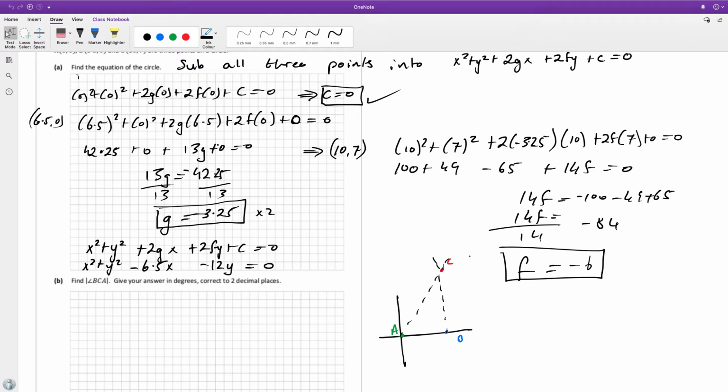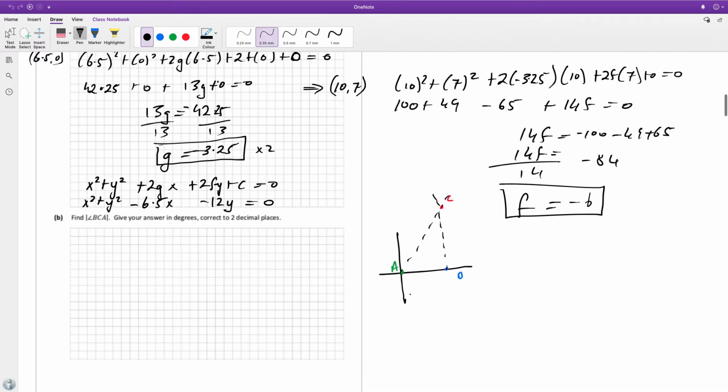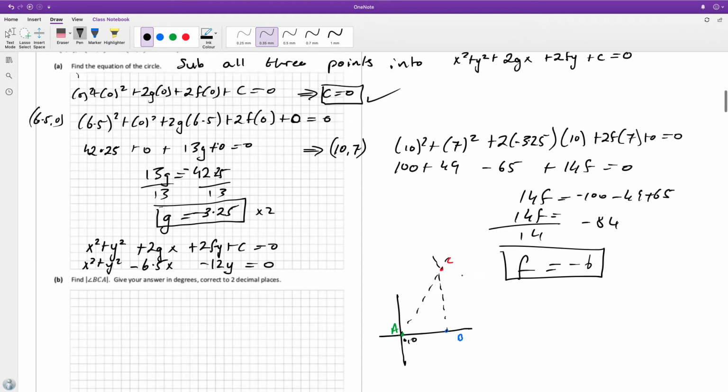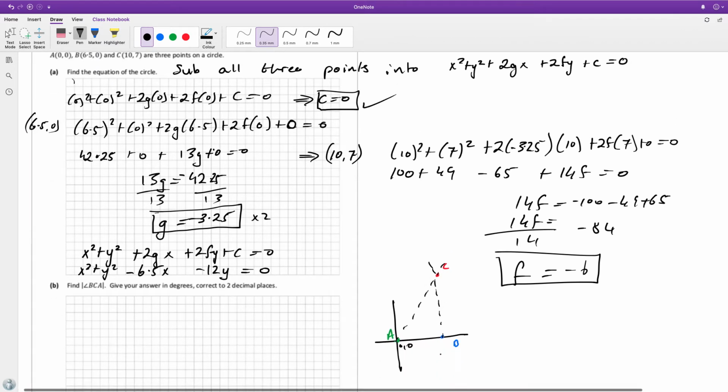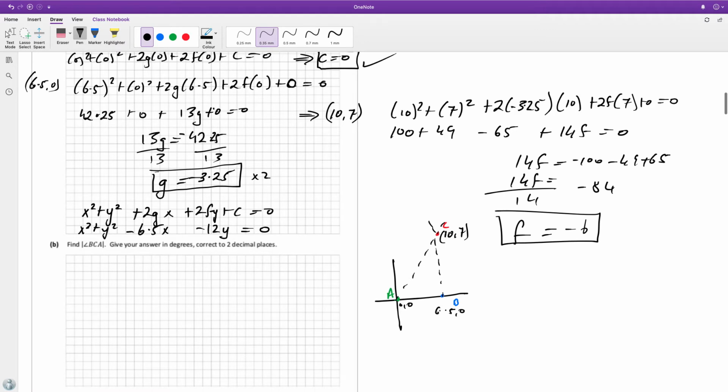Start doing a bit of the tiny work here. So, what do we say? A is the point 0, 0, B is the point 6.5, 0, and C is the point 10, 7.